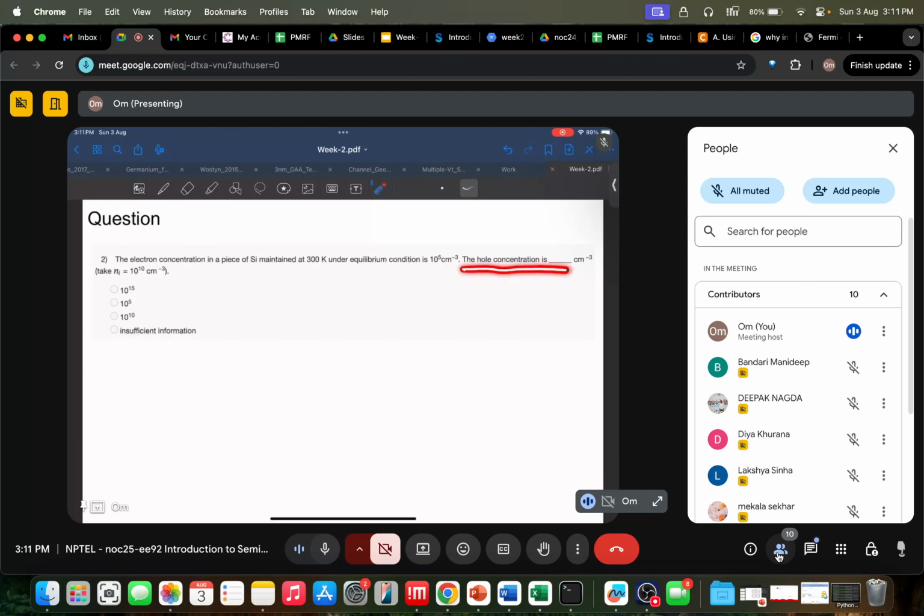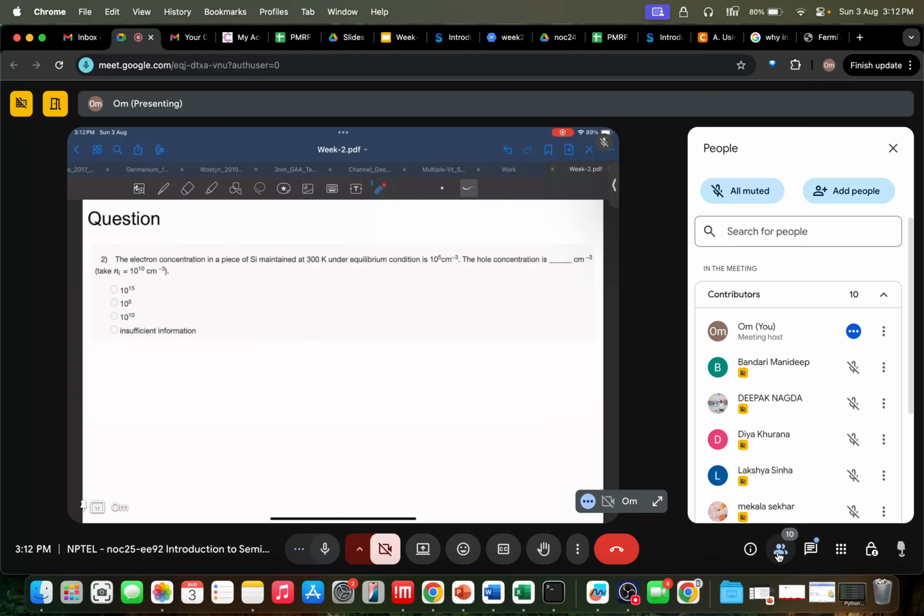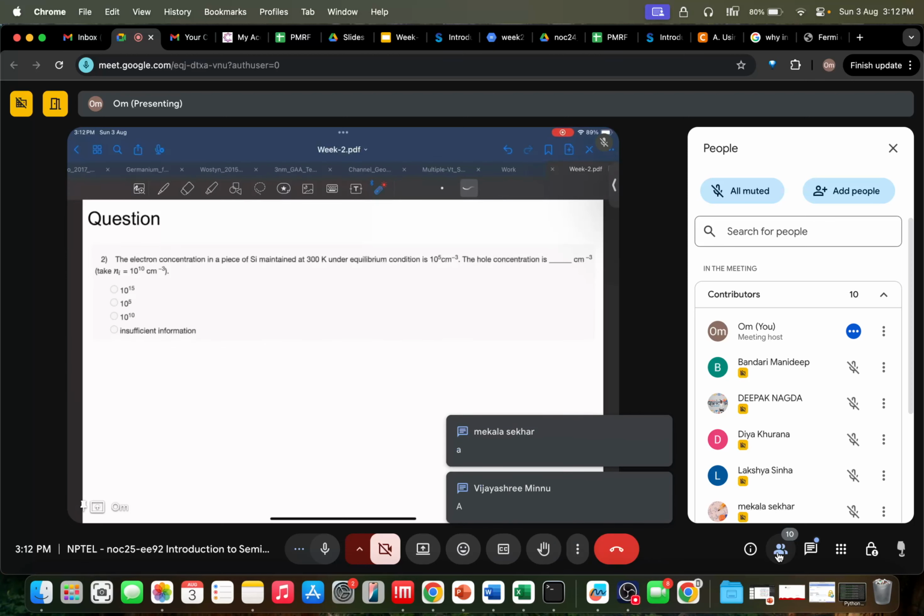The hole concentration is what? The intrinsic carrier concentration is 10 to the power 10 per centimeter cube. Right, it is A.